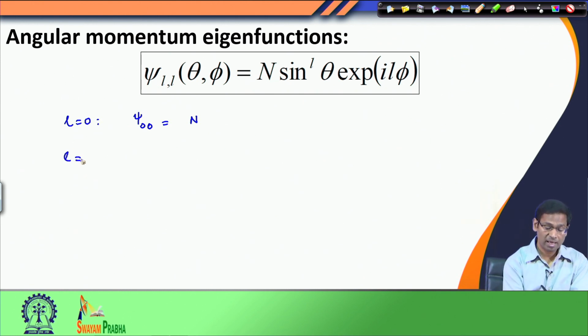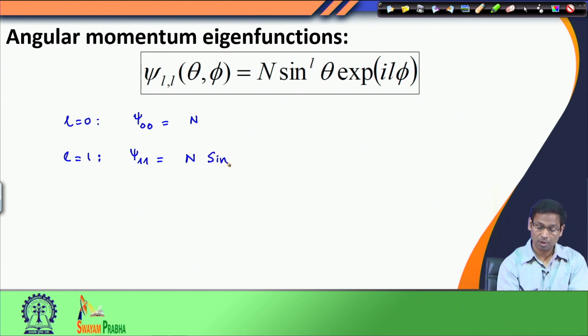When L equals 1, we have ψ_11 as N, the normalization constant, sine to the power L θ, L is 1, so sine θ, e to the power i L φ, so e to the power i φ. When L is 2, we have ψ_22 as N sin square θ e to the power 2iφ, and so on and so forth.